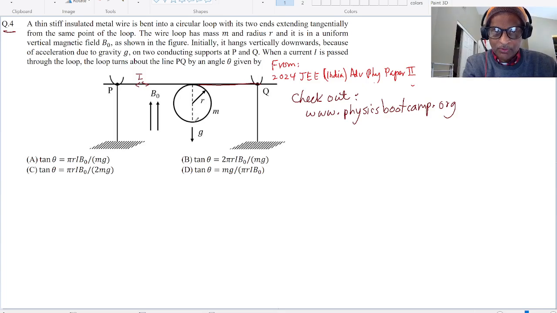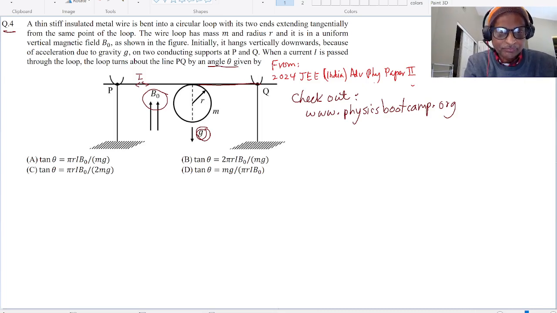Right now there is no torque from gravity, but if the loop is rotated, there will be torque from gravity as well, and there will be torque from B0. So these two torques will balance out at some angle, and that angle is theta.